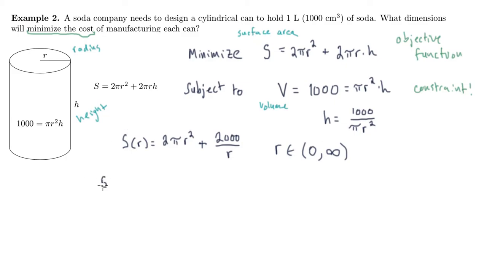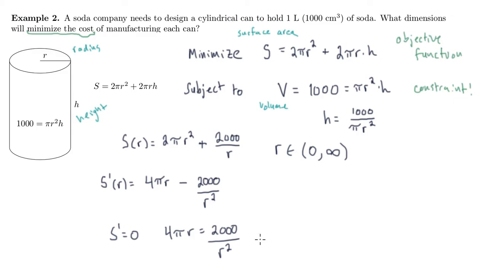So if we take the derivative, S prime of r, that's going to be 4 pi r minus 2,000 over r squared, and we set S prime equal to 0. So these two quantities need to be equal: 4 pi r equals 2,000 over r squared.